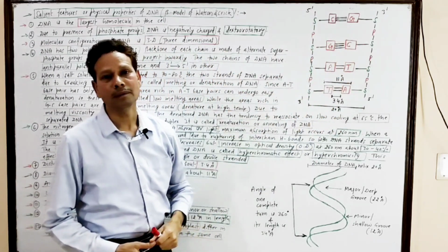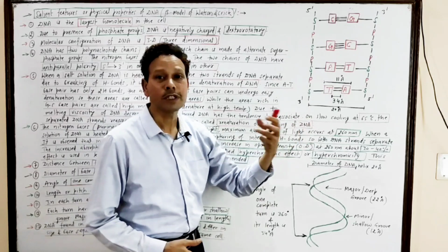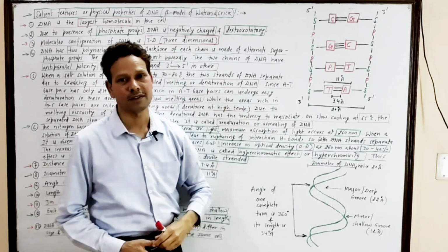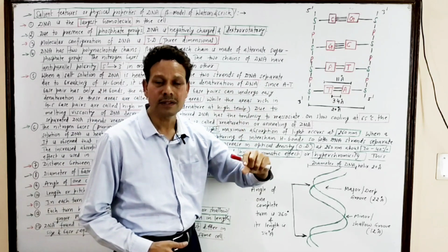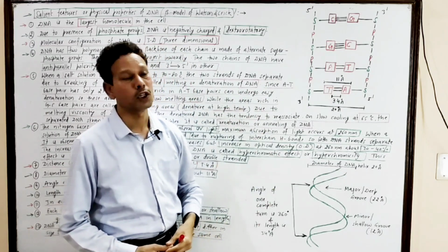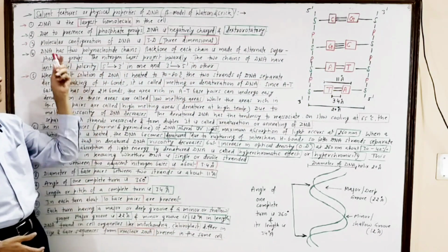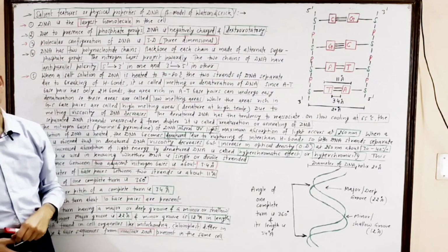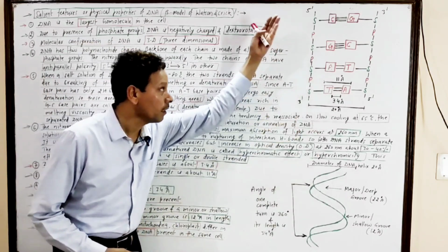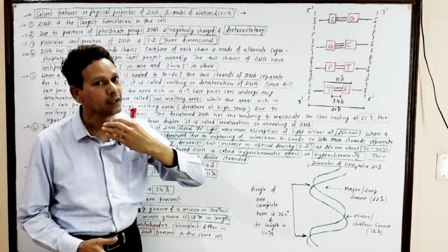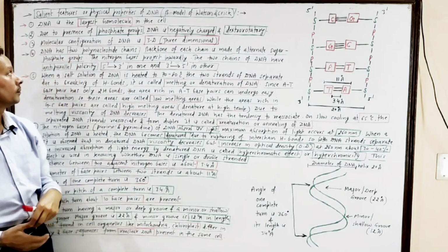The DNA molecule which was given by Watson and Crick is a helix, and the helix is right-handed, so it is dextrorotatory. The molecular configuration of DNA is three-dimensional.